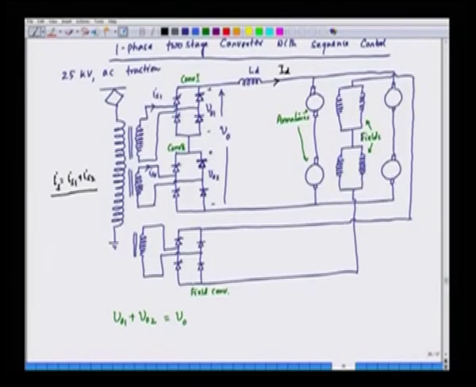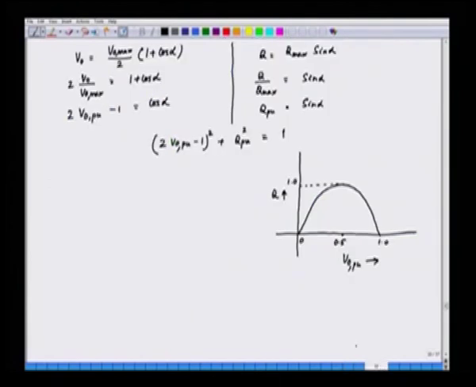This is basically the Vs by 2 here, and this is Vs by 2. We have half the supply voltage here, and V naught 1 will give us half the voltage, and V naught 2 will give us half the voltage. The output is basically the sum of the two voltages V naught 1 and V naught 2.